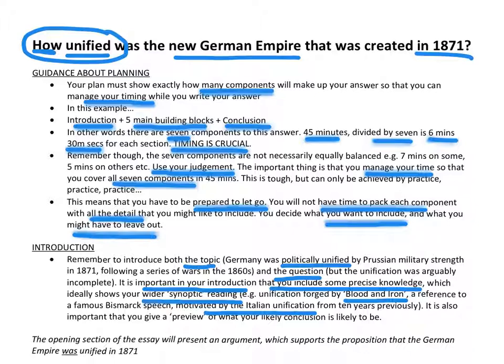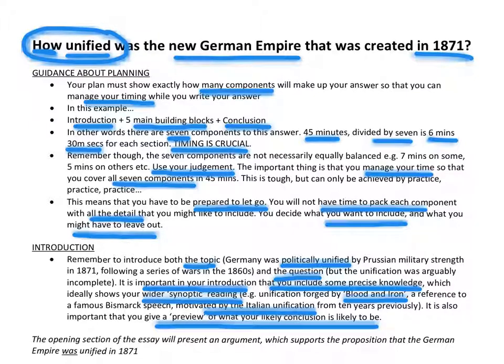And then the other important thing with the introduction is give a preview of what your likely conclusion is going to be. Now, this is a significant area that most candidates are not very good on. Clearly, what you're going to be doing in the main body of the answer is weighing one argument against another. The one argument being that Germany was unified, and then you're going to argue in some ways it wasn't unified, it was divided.